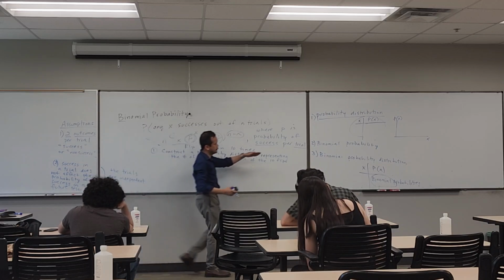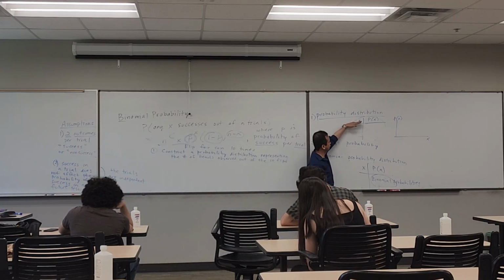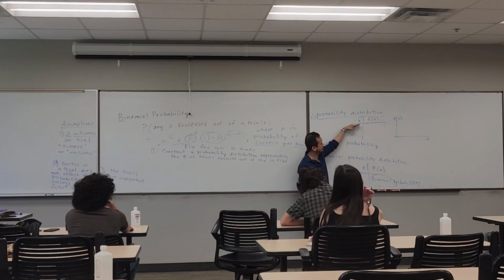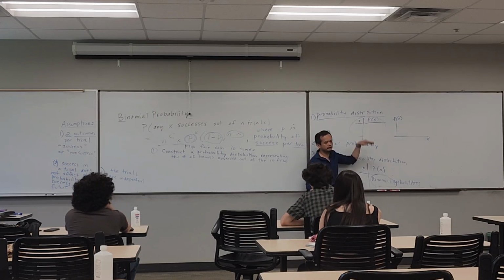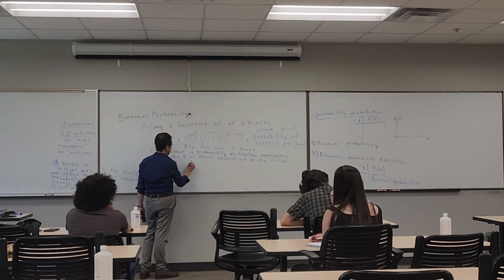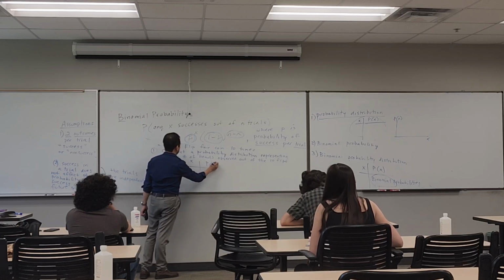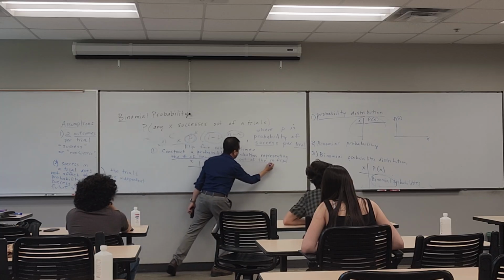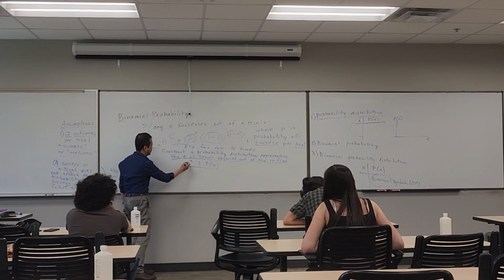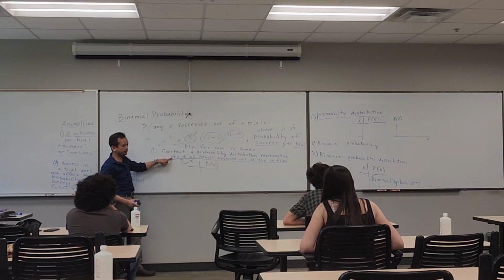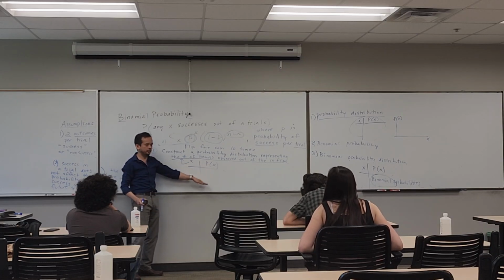So a probability distribution is just all values of a certain variable. Here that variable represents the number of heads observed out of 10 flips. And then the second column is each probability. So the variable x here represents this quantity, the number of heads observed out of 10 flips, and then we have the second column p of x.